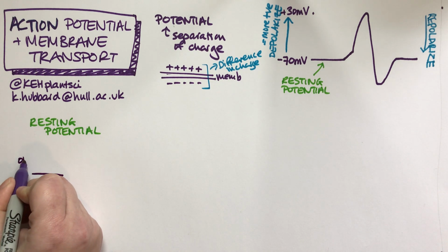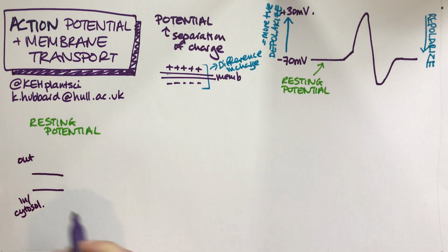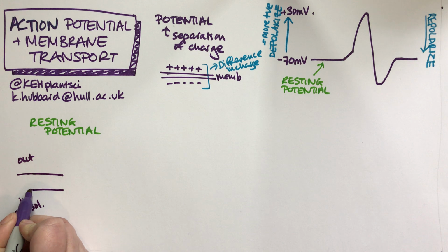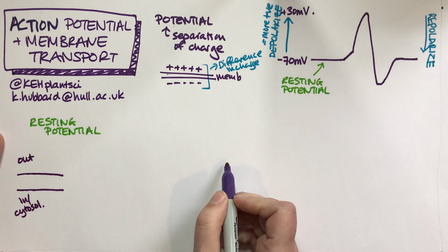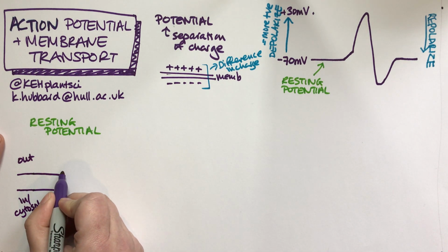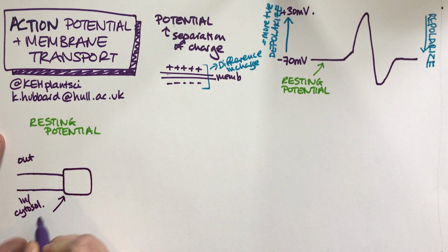Okay, well here's the plasma membrane. This is the outside of the cell, and this is the inside, or the cytosol. As you remember, because membranes are hydrophobic, ions can't just move across the membrane; they have to move through a membrane transporter. The transporter that is most important in the resting state is a protein called the sodium potassium ATPase.